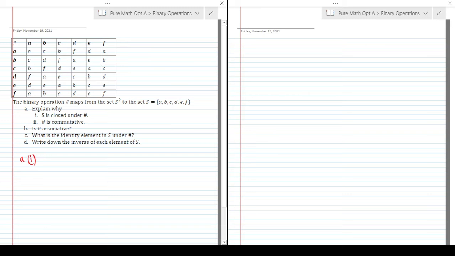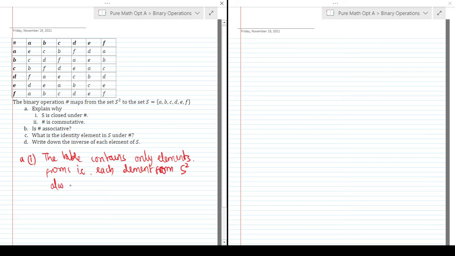The reason is that the table contains only elements from S. That is to say, each ordered pair, or each element from S squared, always maps to an element from S. Yes, and that by definition is closure, right?